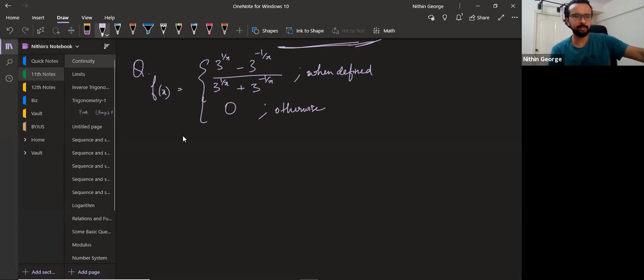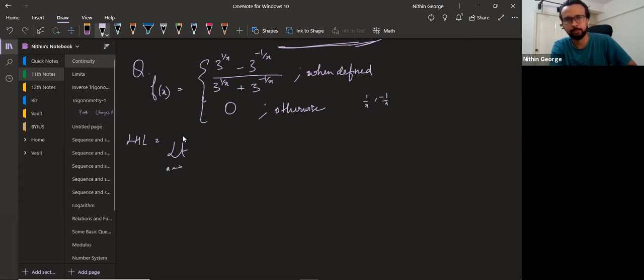What do you do first? Check if the limit exists. Okay. LHL will be. So here I just see 1 by x as the problem. Okay. 1 by x and minus 1 by x is there. So when I put x equal to 0, there'll be an issue here. Okay, as simple as that.